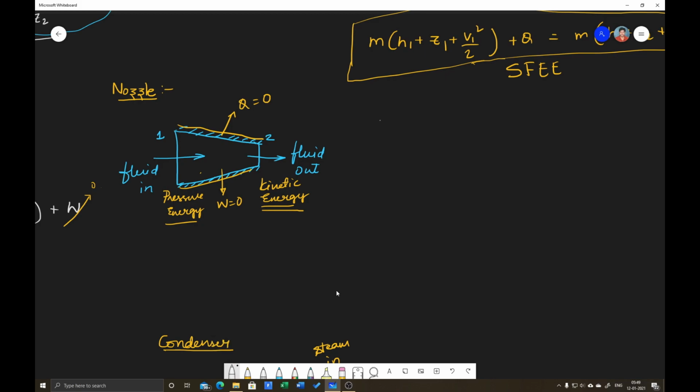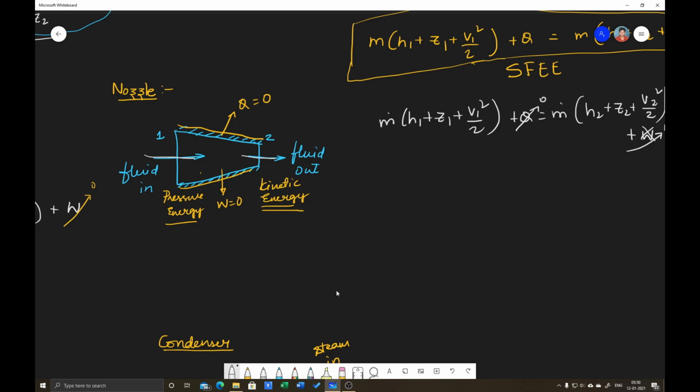Again write the equation, which is m dot into h1 plus z1 plus v1 square by 2, plus q, is equal to h2 plus z2 plus v2 square by 2, plus W. Here no heat, no work, and Z1 is equal to Z2 because they are at the same level, so Z1 and Z2 will also cancel out.